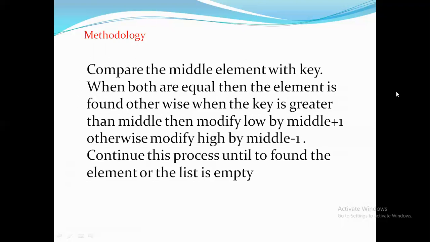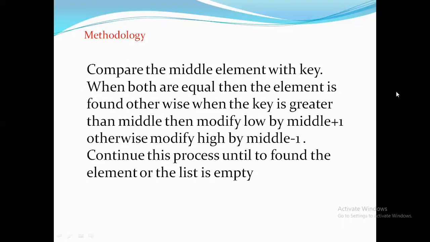The low position is modified when the key is greater than the middle, and the high position is modified when the key is less than the middle. When the key is greater than the middle, modify low to middle plus 1. When the key is less than the middle, modify high to middle minus 1. Continue this process until the element is found.